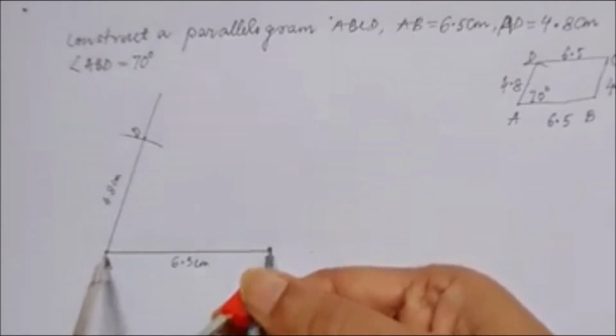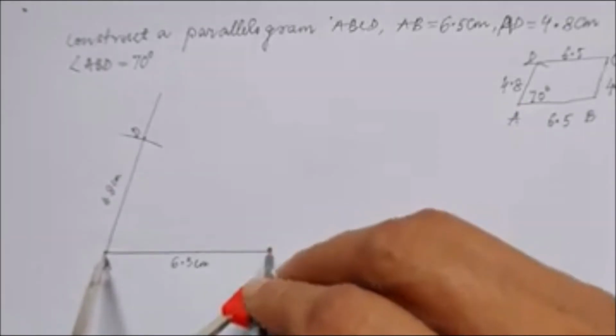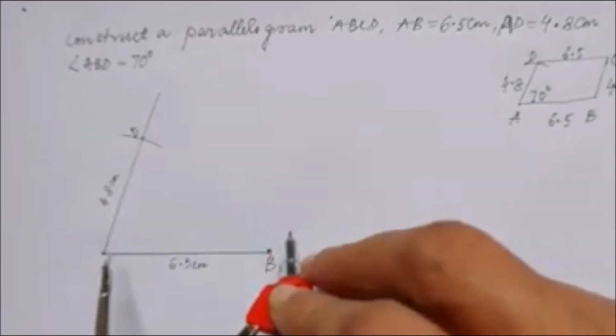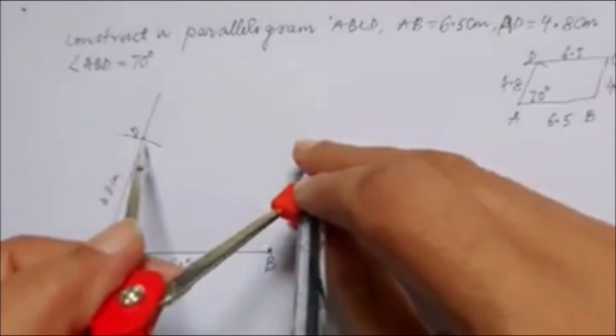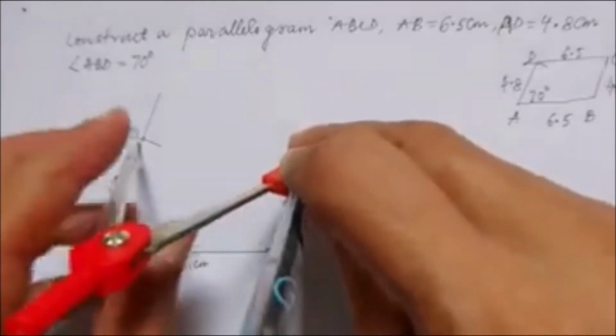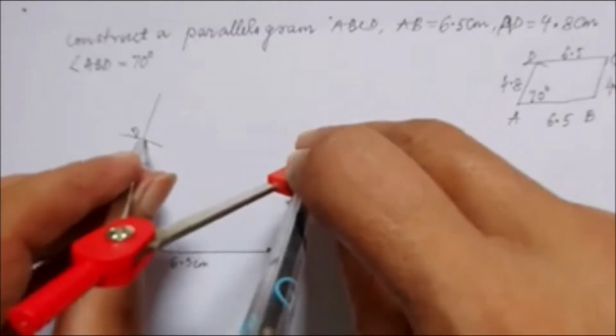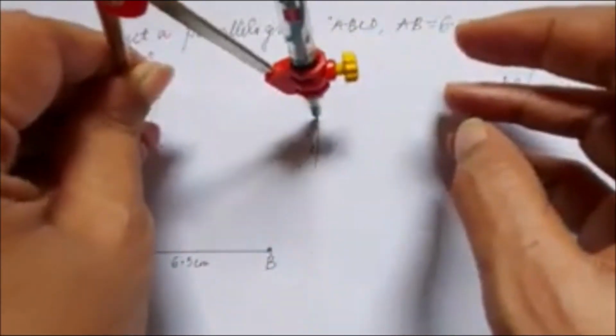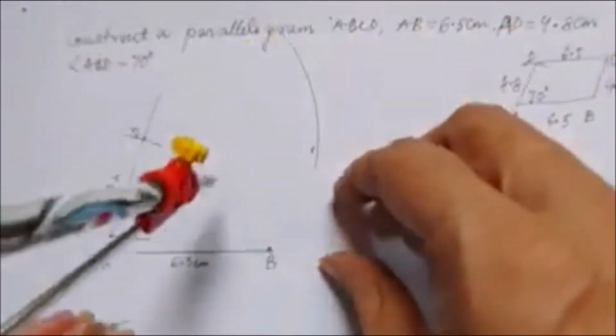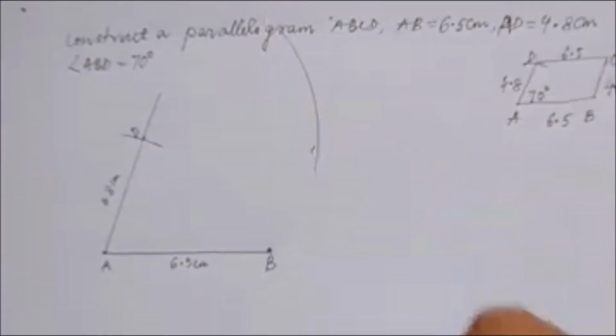Taking the same arc, this will be DC. So I'll put the compass on D, and again I'll draw an arc. This is how we draw an arc. So DC is 6.5.